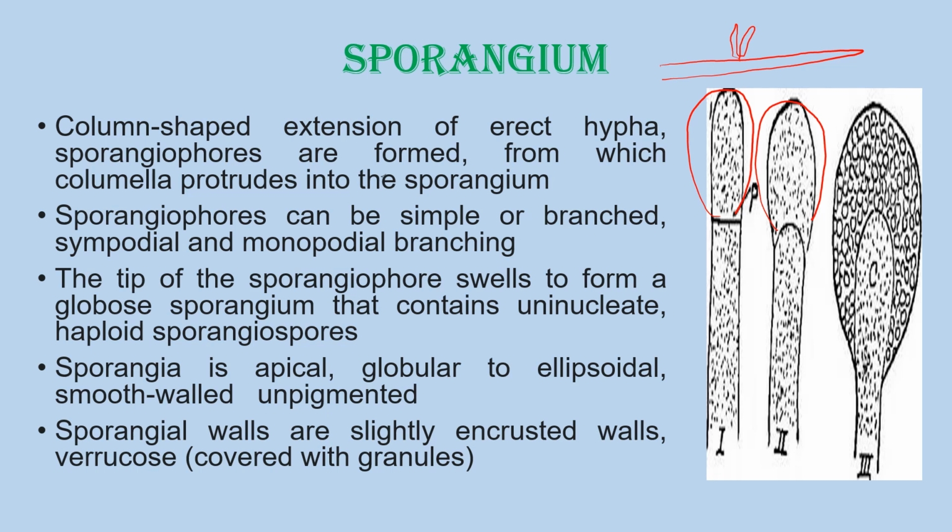The central region of this tip becomes highly vacuolated, and later the vacuoles fuse to form a continuous layer that separates the central vacuolated portion, that is this portion, from the outer portion, that is this one.